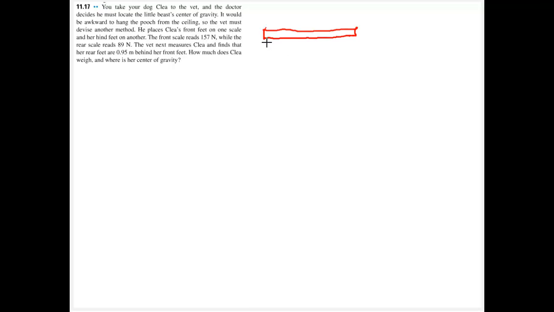So here we have a dog. My dog is a board because I'm not an artist, and it is being supported by the two scales. We're going to have the force from the rear scale, and a force from the front scale supporting the dog.